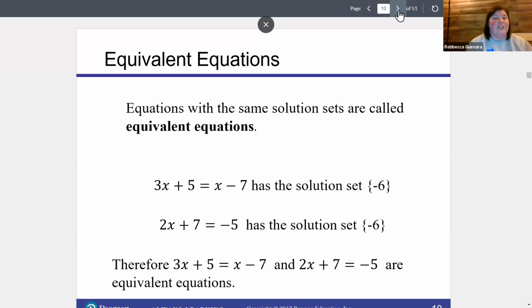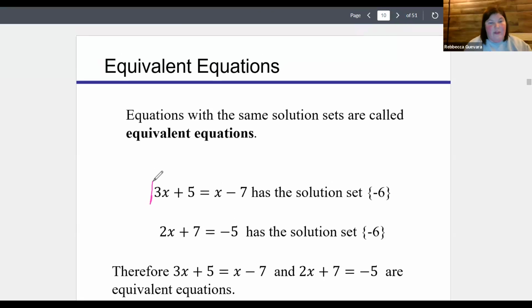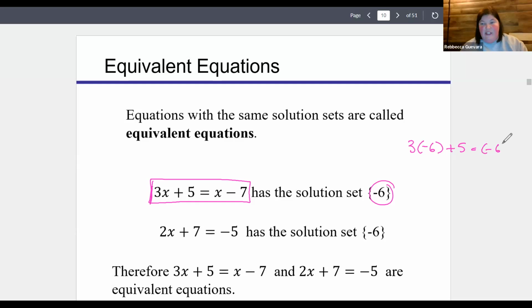Equations with the same solution set are called equivalent equations. So here, a solution is -6. And if you're not sure, you just go 3 times negative 6 plus 5 is equal to, replace that x with a negative 6, minus 7.